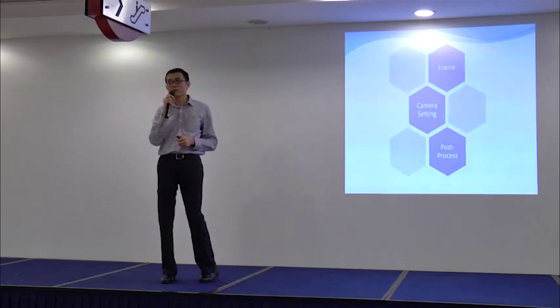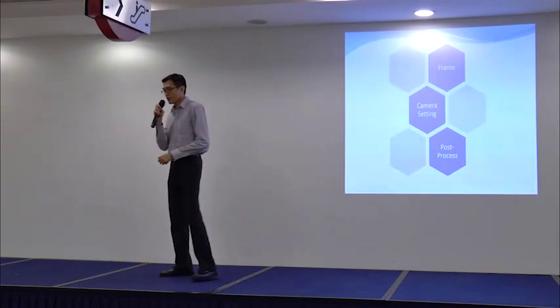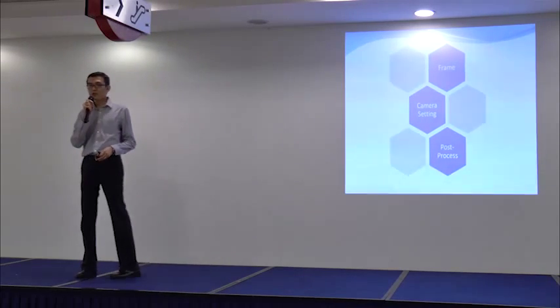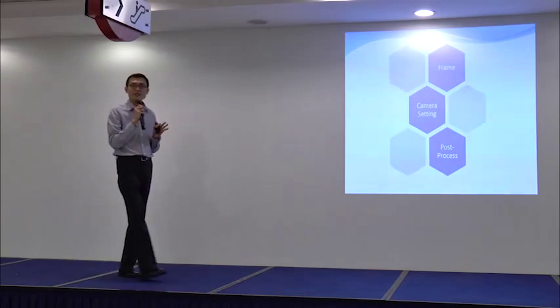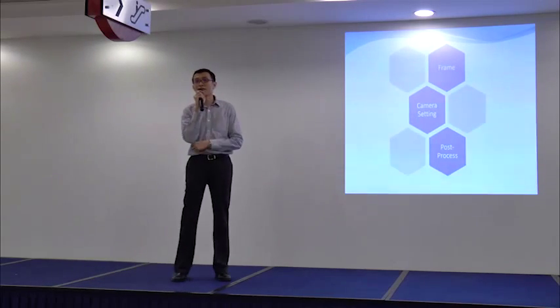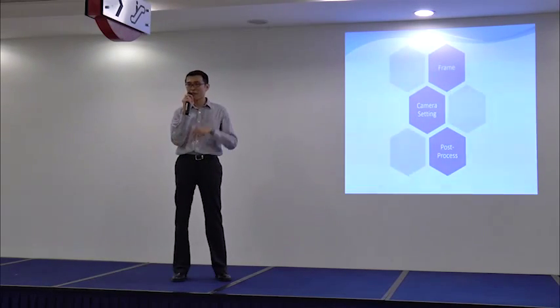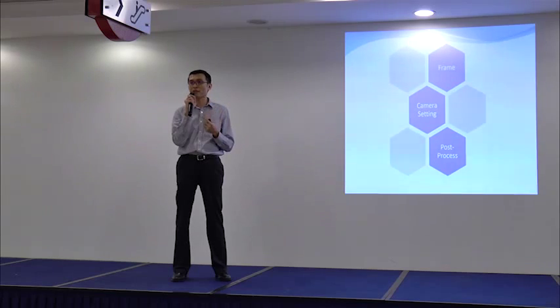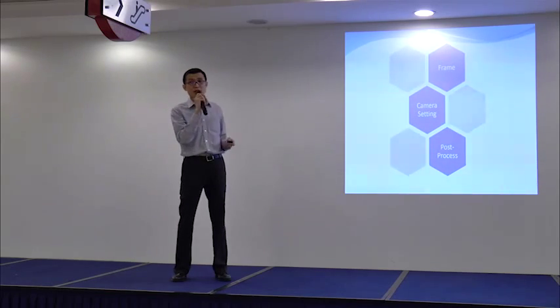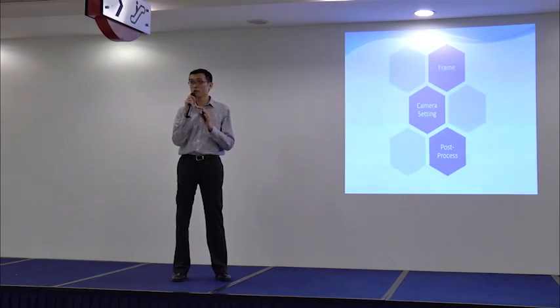Okay, so to wrap up, just to recap, there are three aspects that you need to take care of, that you can think about and take advantage of in order to help you take brilliant photos. The first thing is about frame, or how you compose your shots.